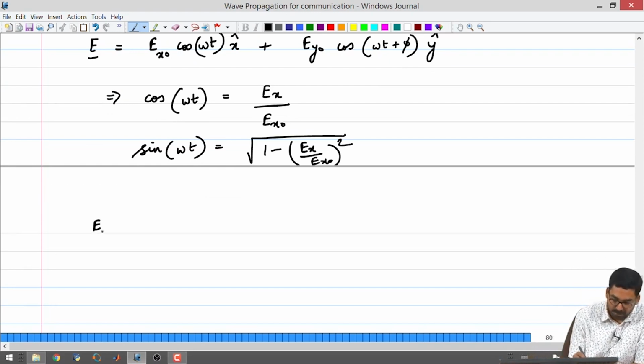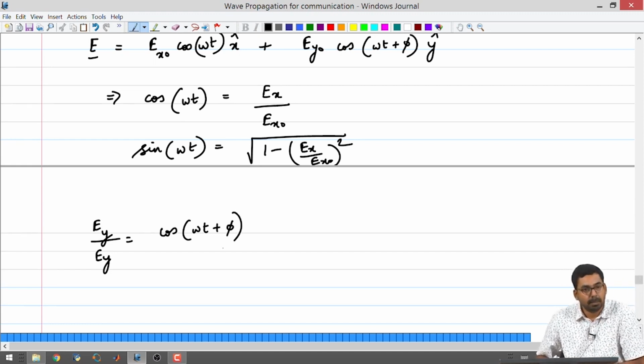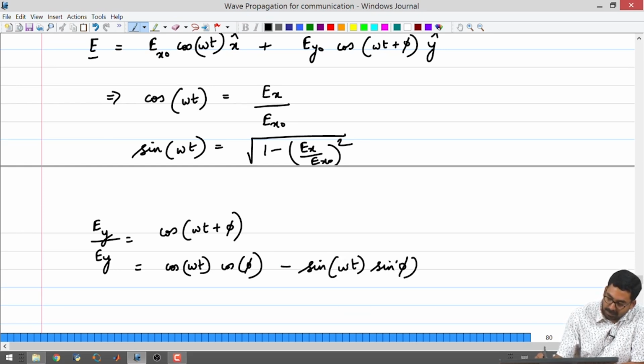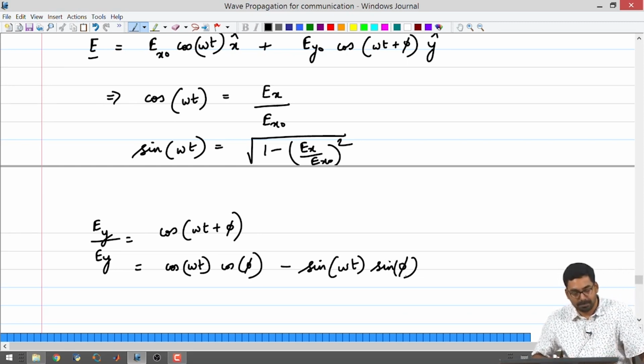Similarly, you can write down Ey by Ey naught is cos(omega t plus phi). You can use some trigonometric identities, the formula for cos of a plus b. So you can write this down as cos omega t cos phi minus sin omega t sin phi.